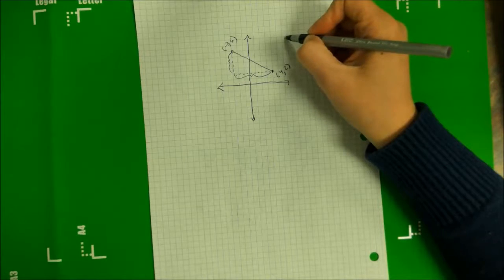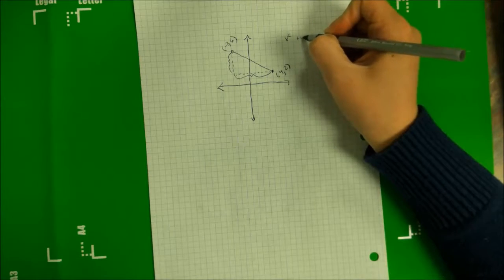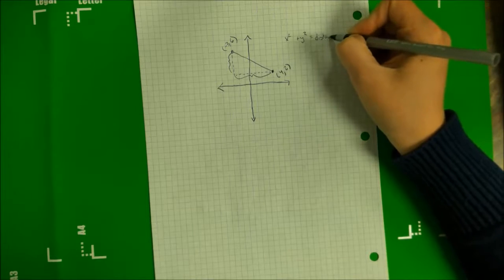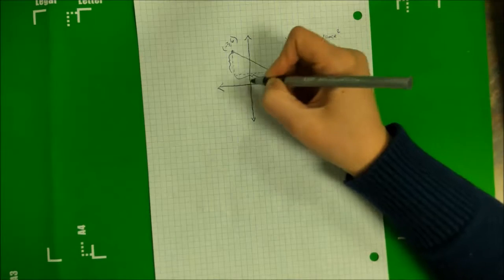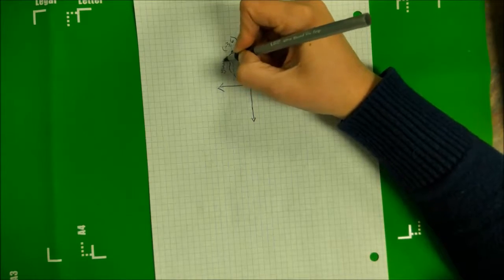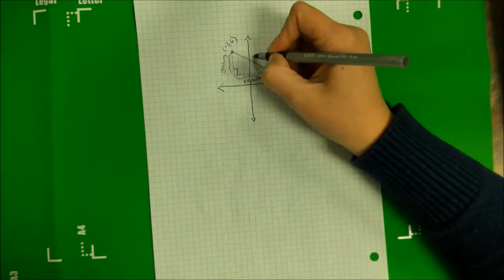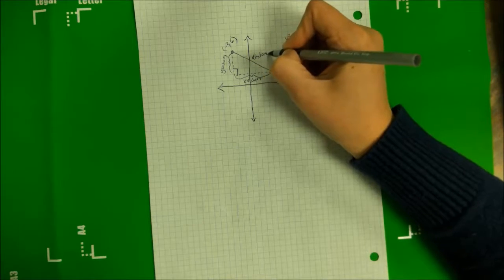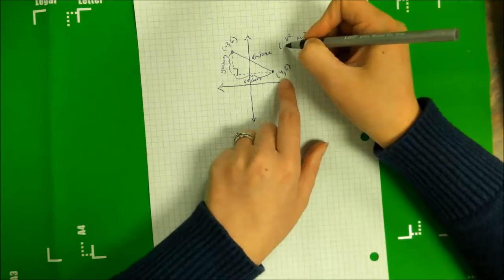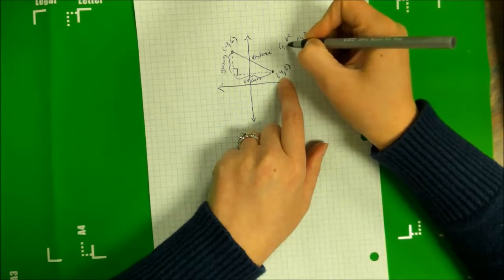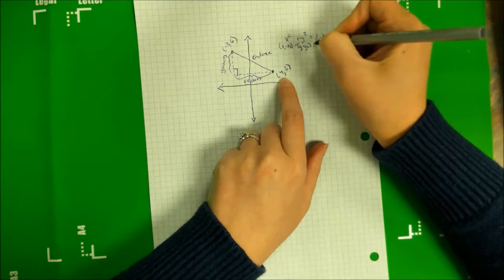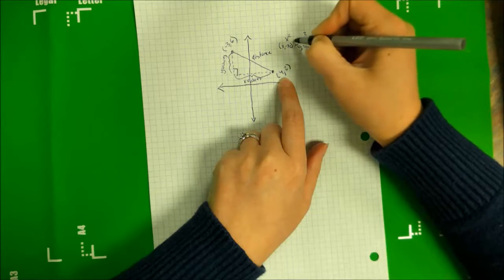So I'm going to do the x distance squared plus the y distance squared equals the distance squared. So here are my x values, here are my y values, here's my right angle, and here's my distance. So I have to find the change in the x values.